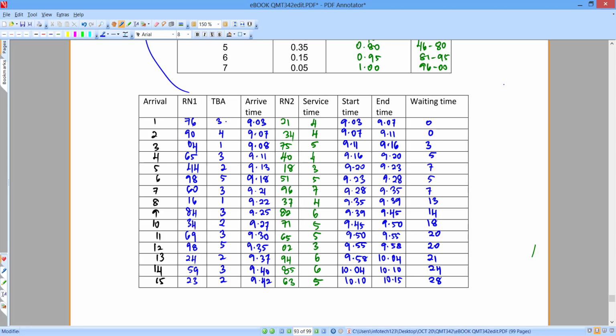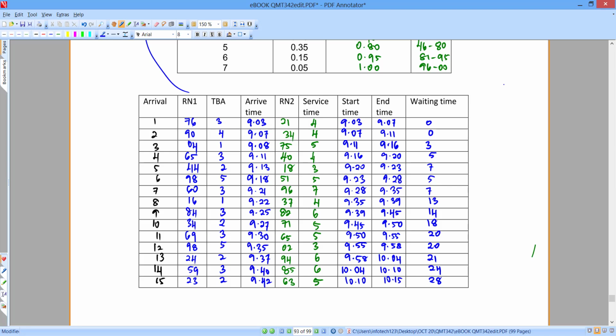Next arrival, or next student, we take the second inter-arrival time, that is 4. The first student arrived at 9:03. The gap between the first and the second is 4, so you need to add 4, that is 9:07.